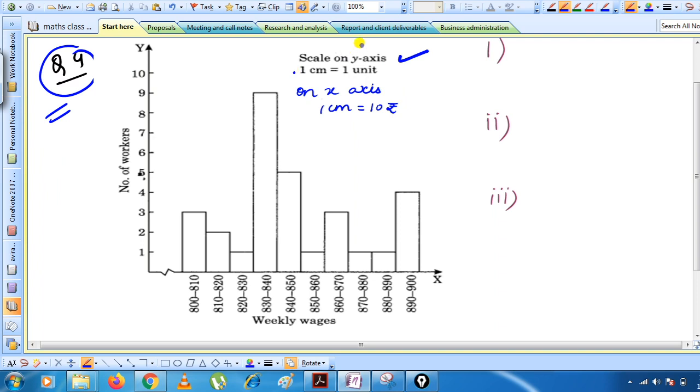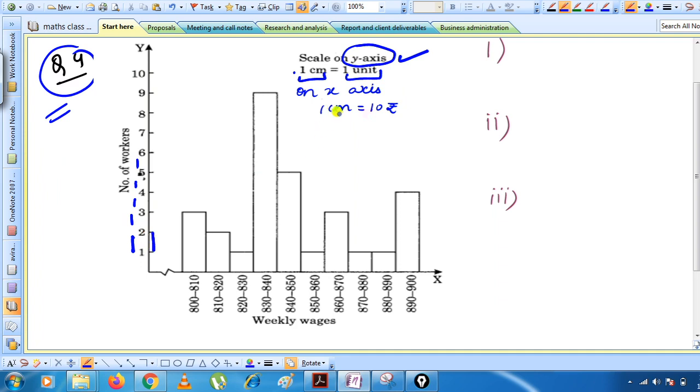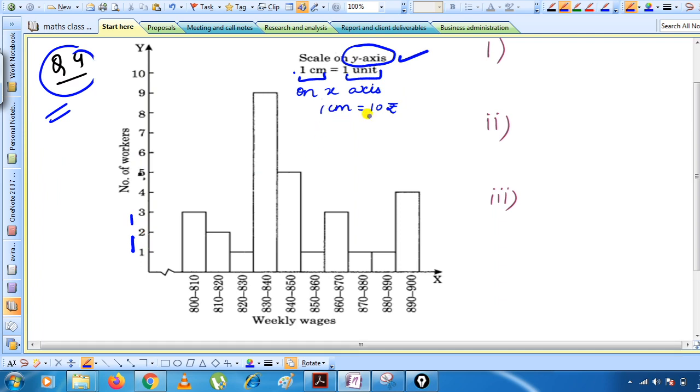Remember that. Here you can see we have made a scale. A scale means on the y-axis we are considering 1 centimeter equal to 1 unit. You can see the difference of 1, 1, 1, 1, 1, right? And one box is also equal to 1 centimeter. So 1 unit is represented by 1 centimeter.